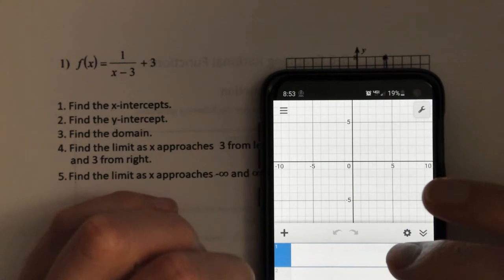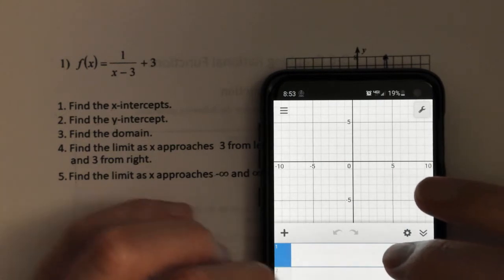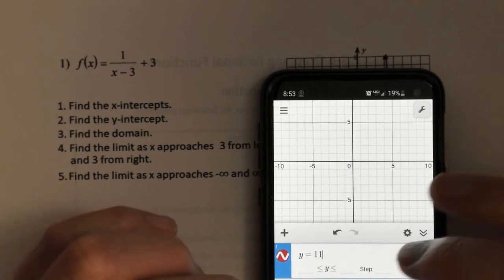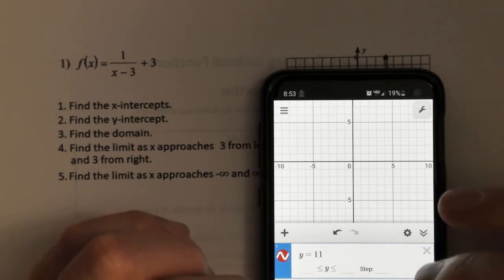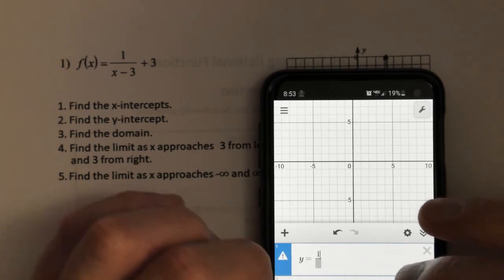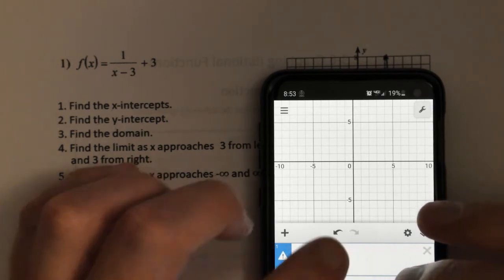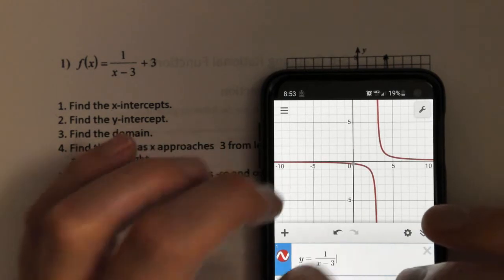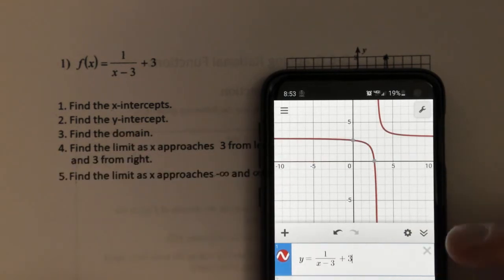All right, so we've got our graph here, and so I'm going to plug this thing in, and so it's going to be y equals 1 over x minus 3, and I'm going to come out and do plus 3.